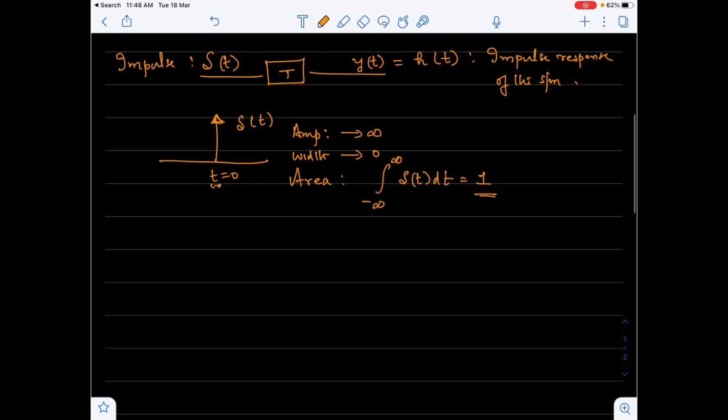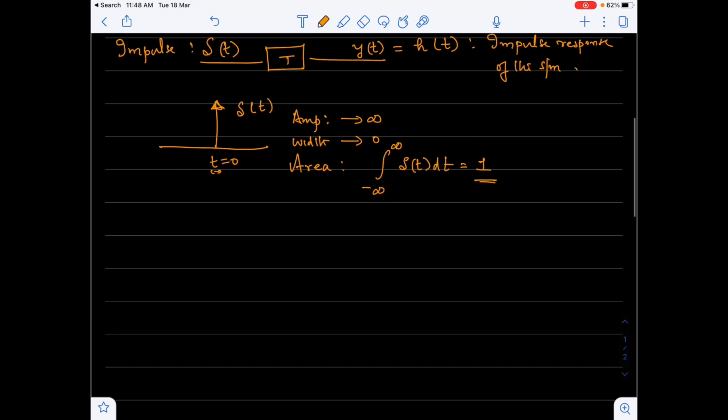Before that, we should know how we get this impulse signal. Suppose you consider a rectangular pulse. The width is delta tau and the height is 1 over delta tau.